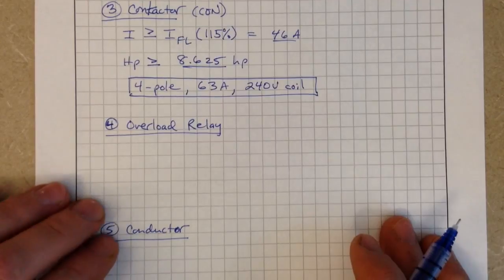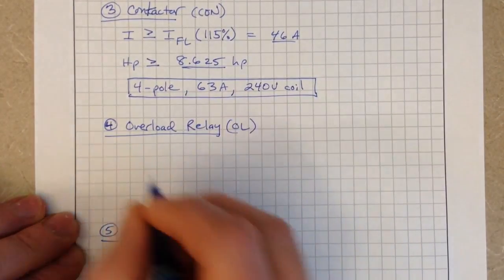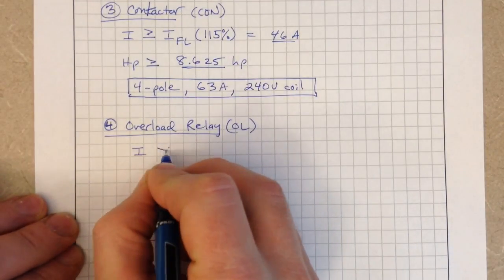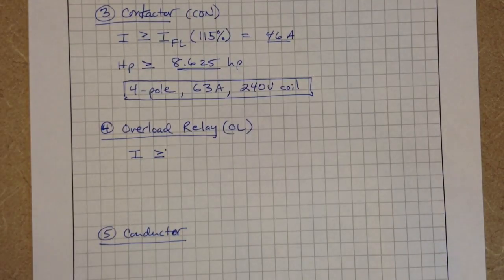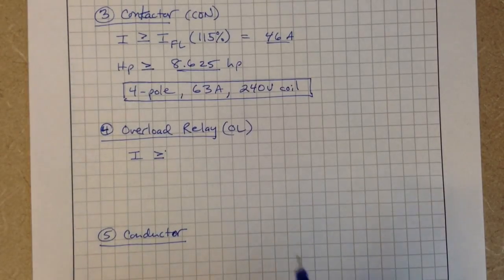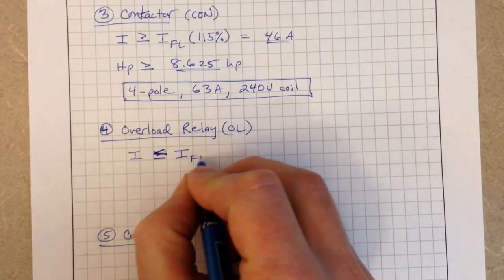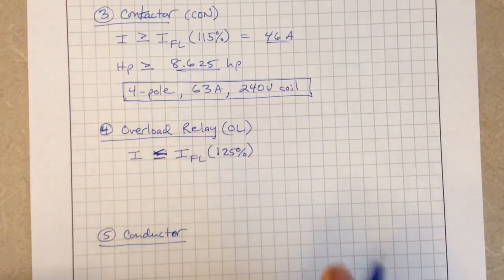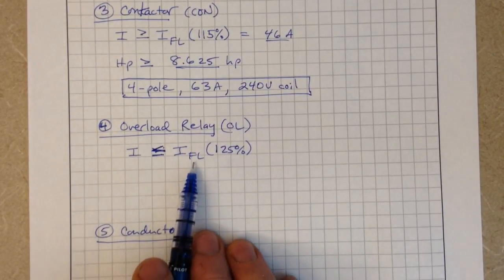Overload relays. Those are the OLs, overloads. We need a current rating less than or equal to the full load current times 125%. Now, this full load current is going to be based on the nameplate current rating of our motor.